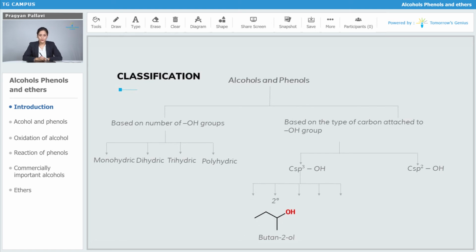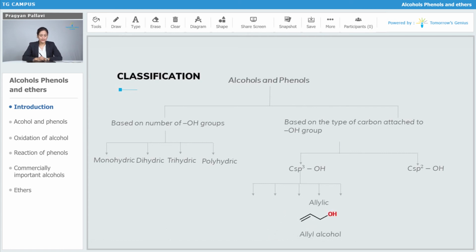In the case of secondary alcohol, we have the secondary carbon to which OH is attached, and it is butane-2-ol. The tertiary alcohol is when we have this tertiary carbon to which OH is attached, and this is 2-methylpropane-2-ol.